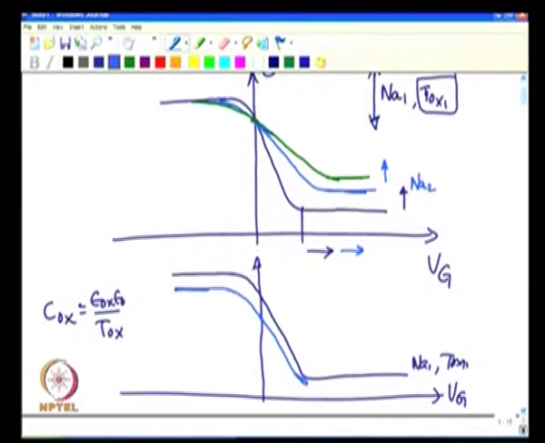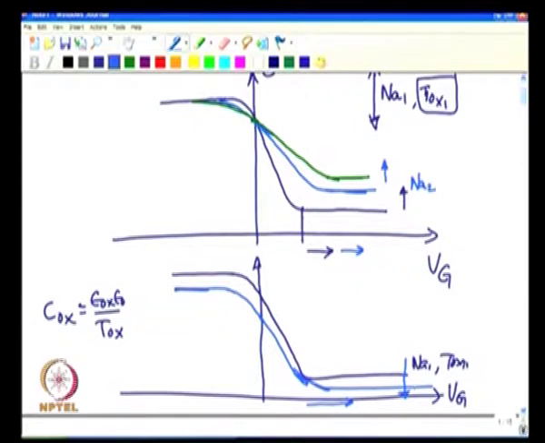And when you have started increasing your oxide thickness, your threshold voltage also increases. So, what you might actually see is a curve which would look something like this. It starts moving in this direction and it starts moving down.